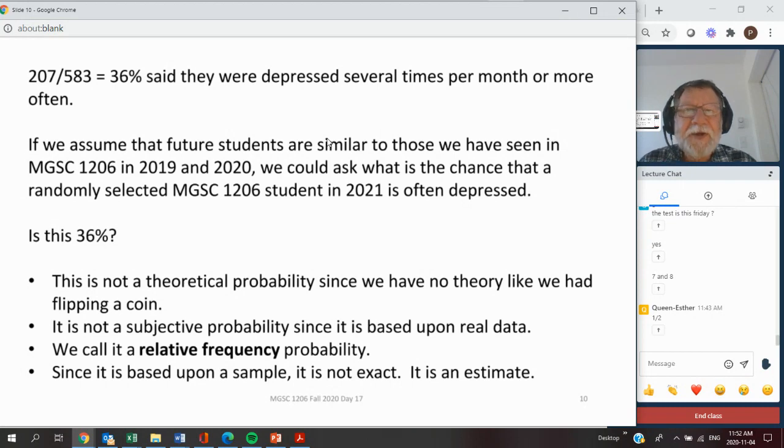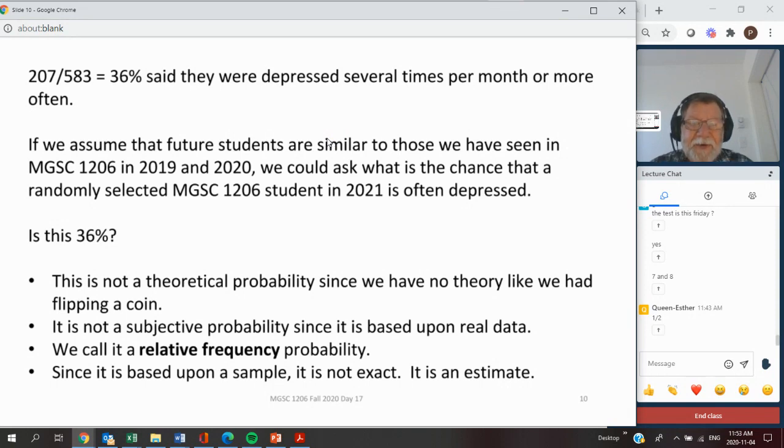And so if we assume that future students are similar to what we've seen in this course in the last 2 years, maybe in the future of students taking this course in 2021, whether it be in the fall or the winter, what's the chance that a randomly selected student I choose is frequently depressed? Would that be 36%? And I don't have a theory here.